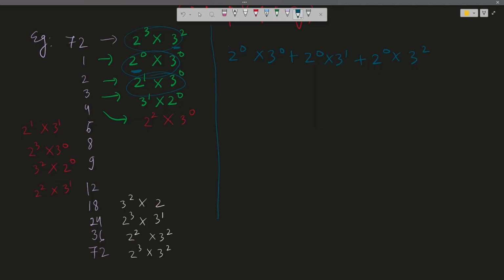So let's start with 2 to the power 1. Wherever you see 2 to the power 1, just write it down.